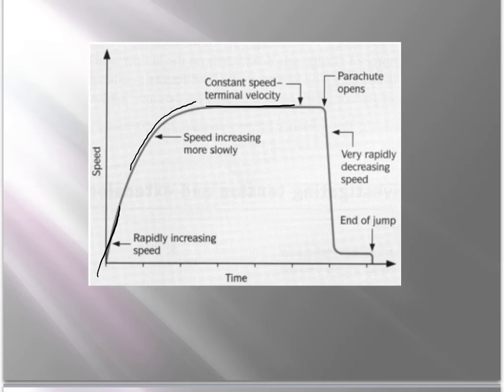When the parachute opens, a sudden deceleration, a very rapidly decreasing speed, shown by the negative steep slope of the graph. And that, of course, once that balances with gravity again, force of gravity, you have another terminal velocity, a small one here, so that it's safe to finally impact the ground as the final deceleration, just as the parachutist lands.